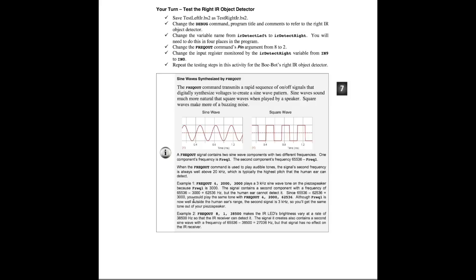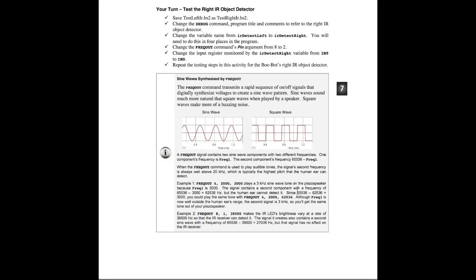Right, you could play the same tone with freqout. I'm sorry, not mix them together, but you do this freqout command on the same pin for 2 seconds, and then you do 65,000 minus the 3,000.